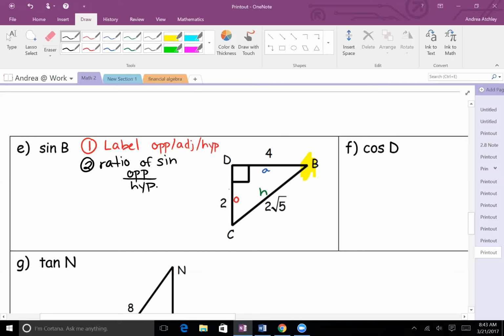Okay, so we're going to do our opposite side and our hypotenuse. So we're going to take the sine of B equals 2 over 2 square root 5. This we can reduce, so we're going to reduce.